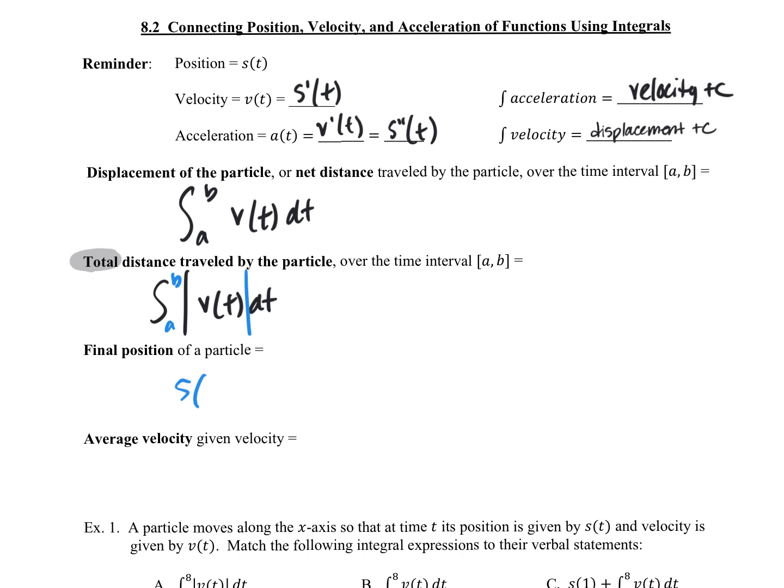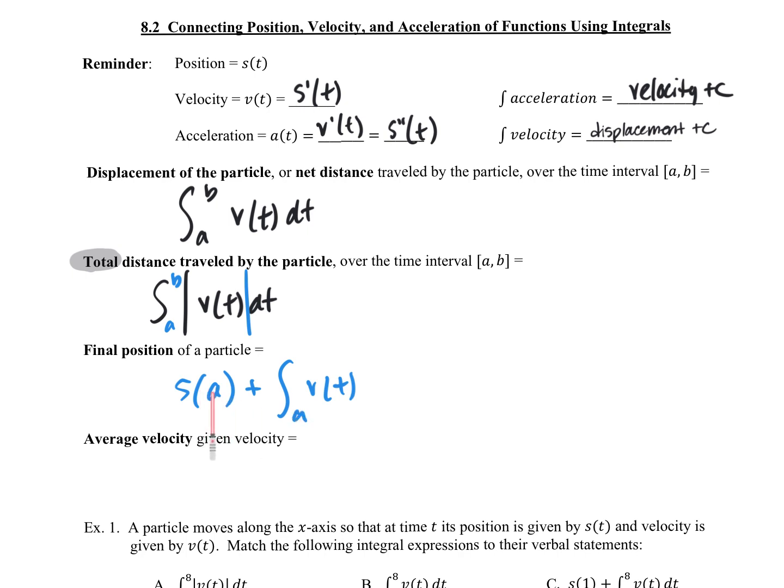We'd say, okay, what's my starting position? I started at 9. I said S of A here just because they said position was S. I'm saying, hey, my starting position at T is A, and then I'm going to add on to that my displacement starting at that time period again.